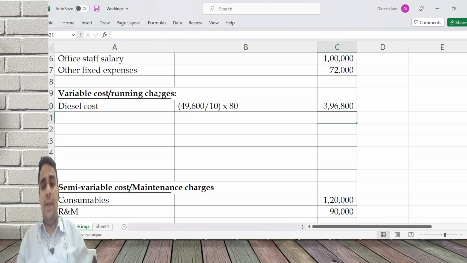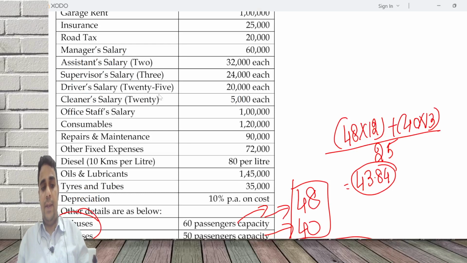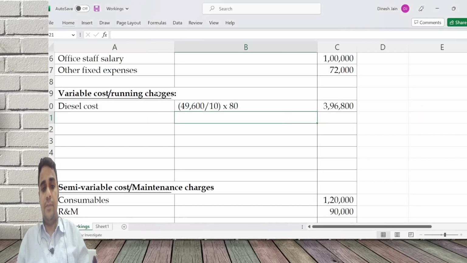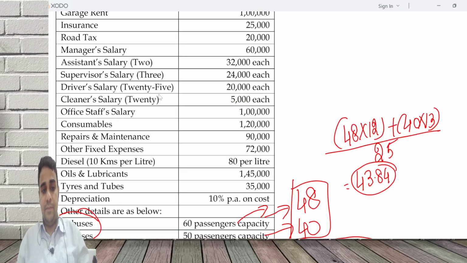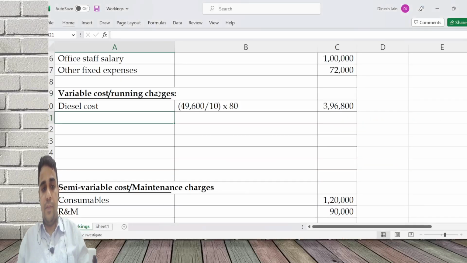So 49,600 is the overall kilometers traveled, divided by 10 into 80.